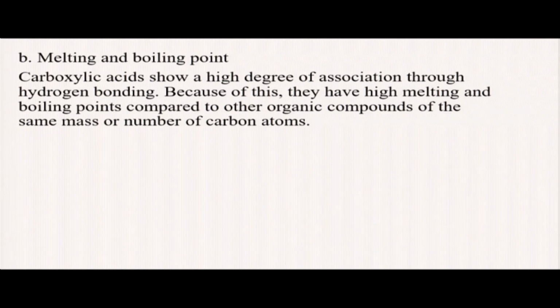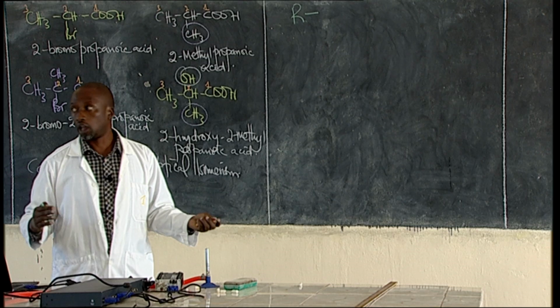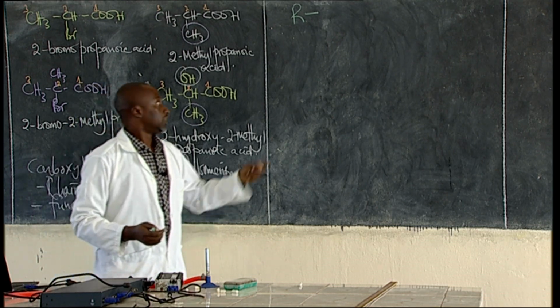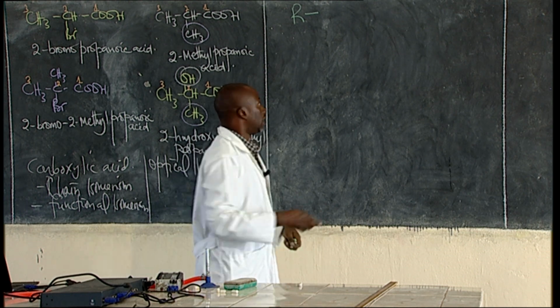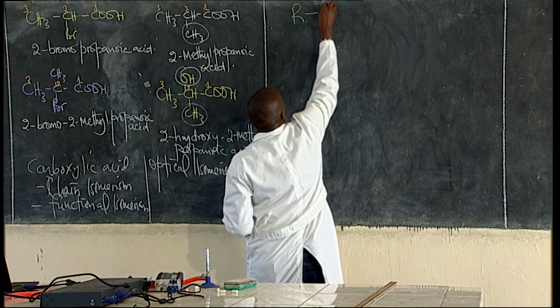For example, if you look at this R, the R we said represents a hydrogen or an alkyl group.